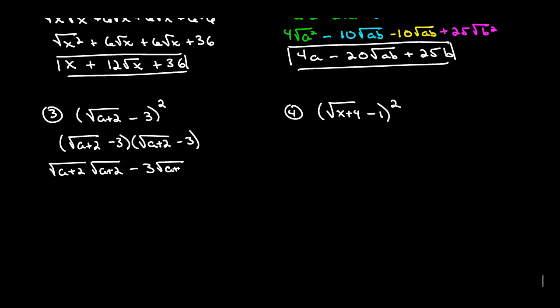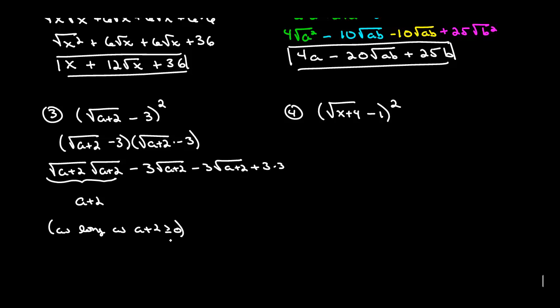And we'll FOIL this guy out here. So we end up with this long piece here. Now it's a negative and a negative here, so this is positive. 3 times 3. And again, as long as we're under the assumption that a plus 2 is non-negative, then this holds right here.